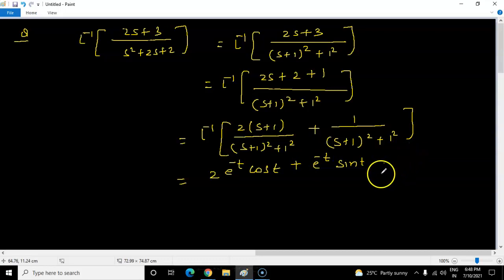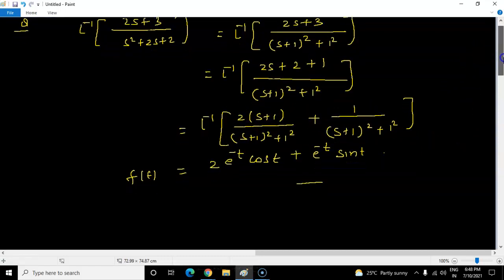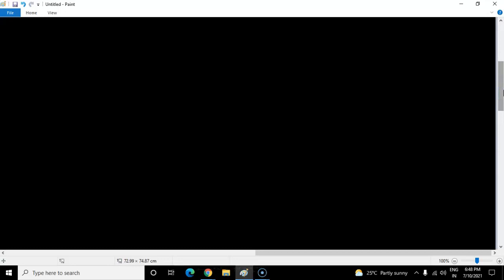Getting? So the final answer f of t you can write like this. So we just have to factor the denominator and convert it into the Laplace transform form, then you can convert easily, and then you have to think about the formulas, which is 7 formulas there, and you solve it.